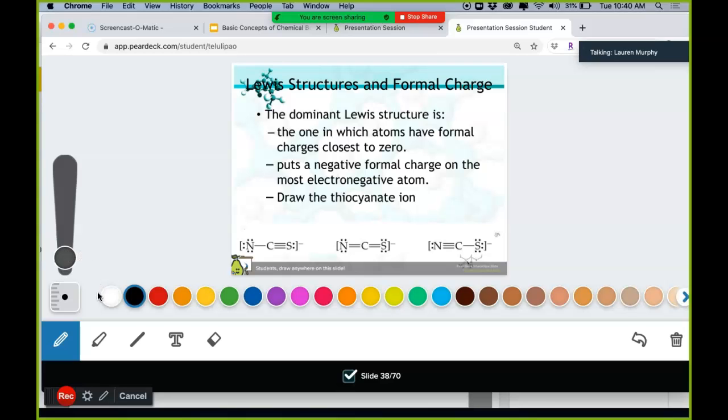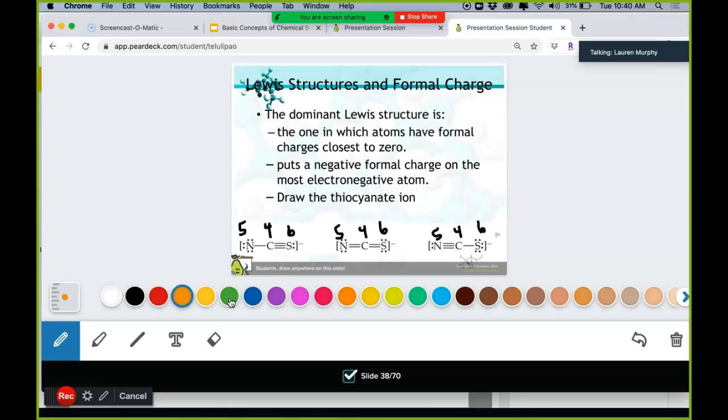So here's how we do this. How many valence electrons does nitrogen have on the periodic table? It has 5. How many does carbon have? It has 4. How many does sulfur have? It has 6. Nitrogen has 5. Carbon has 4. Sulfur has 6. So again, you give it how many valence electrons it has according to our periodic table. And then you subtract how many have actually been given to it in the compound or in the Lewis structure.